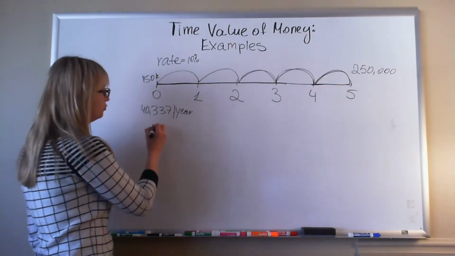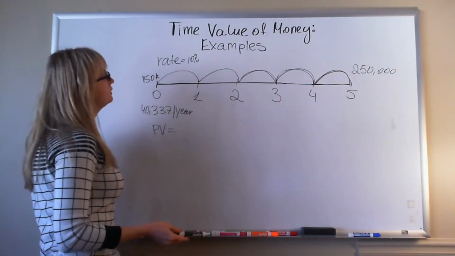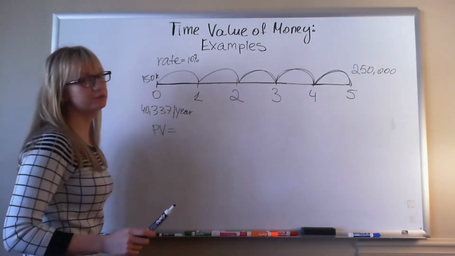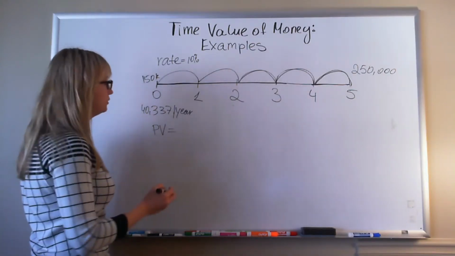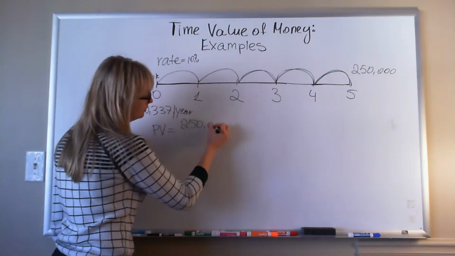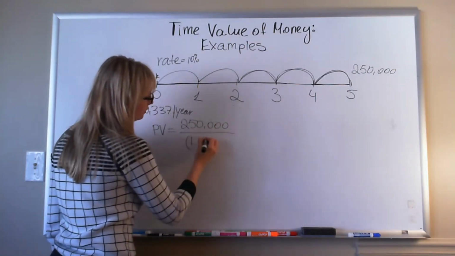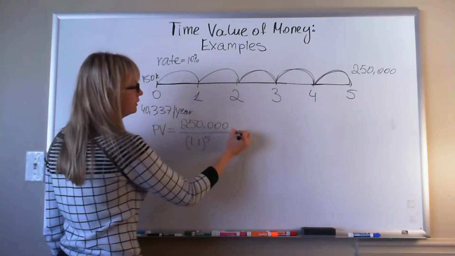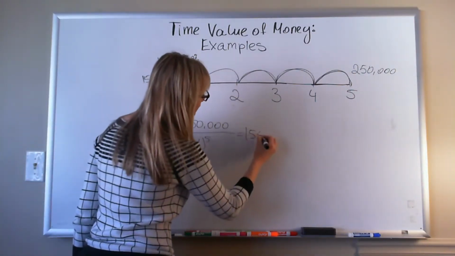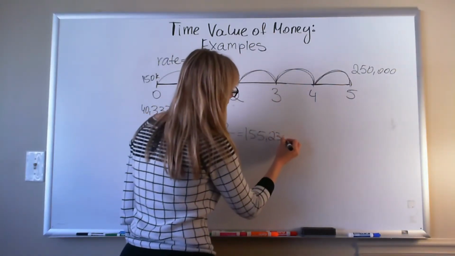We go to our present value formula, and we say 250,000 discounted at the 10% rate for 5 years. How much is it? 250,000 discounted at 1.1 for 5 years. Remember, this is our discount factor. It is equal to $155,230.